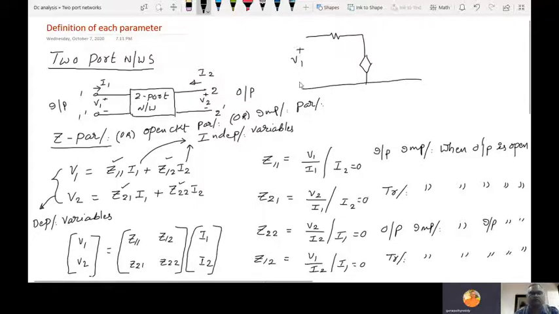These equivalent circuits will be helpful in solving special problems. That's why I am drawing. So V1 is equal to Z11 I1 plus Z12 I2.